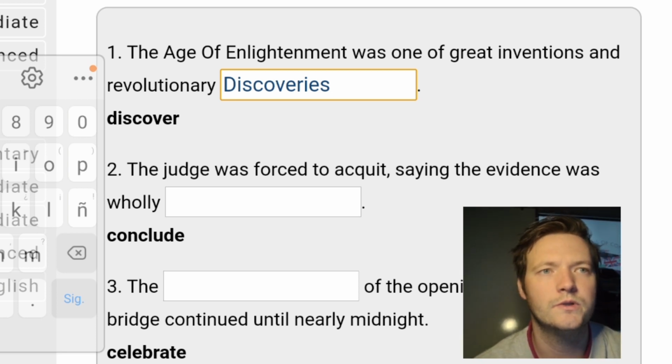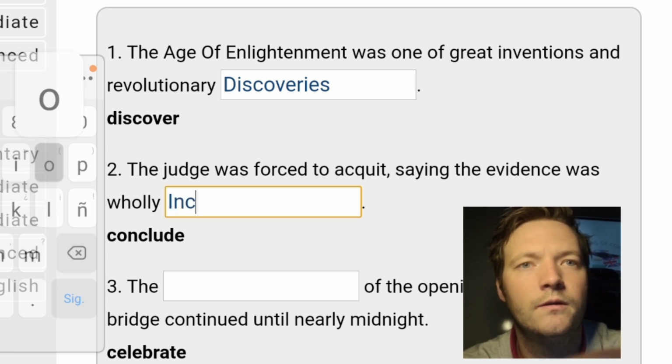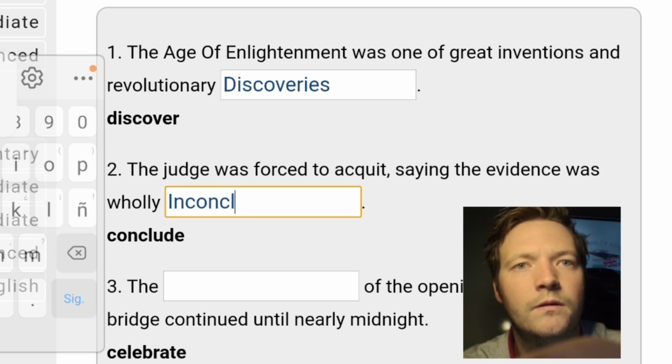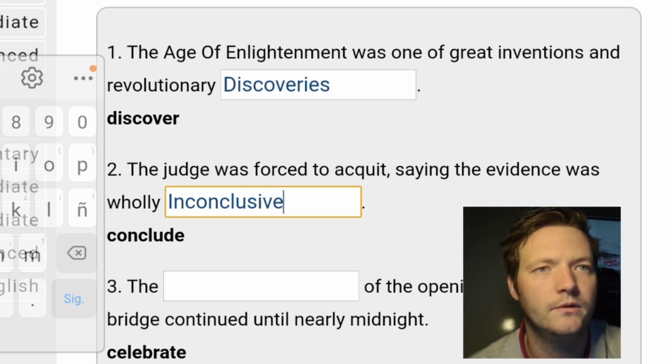He acquitted the defendant, and so therefore he must have found that the evidence was wholly inconclusive, I think. Yeah, that one was a bit more difficult, I guess.